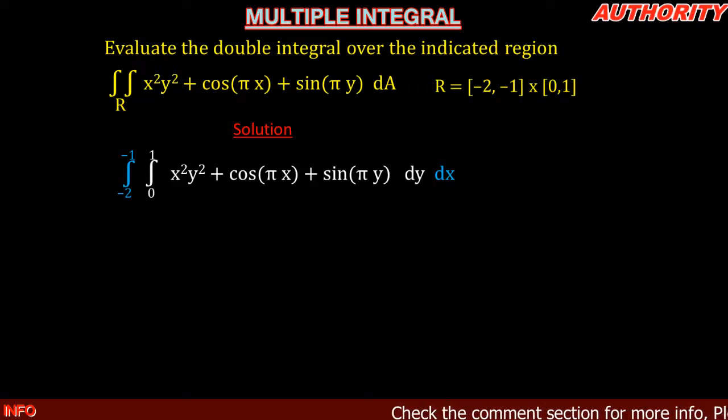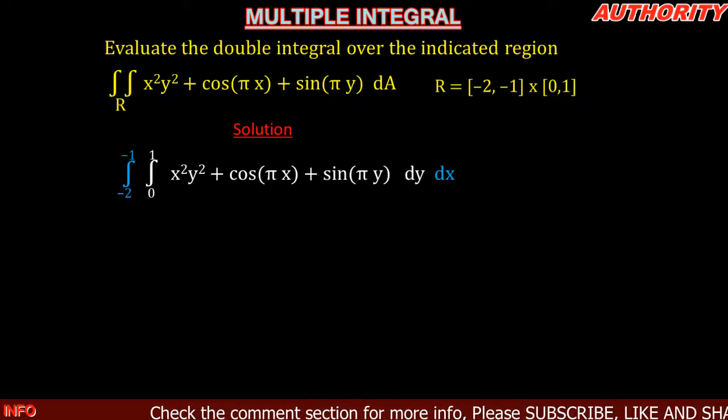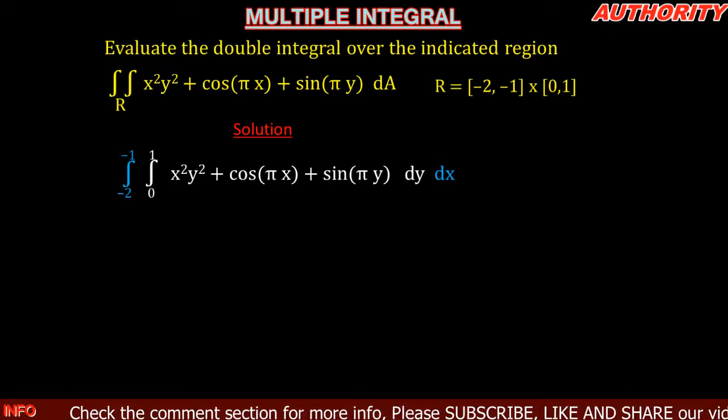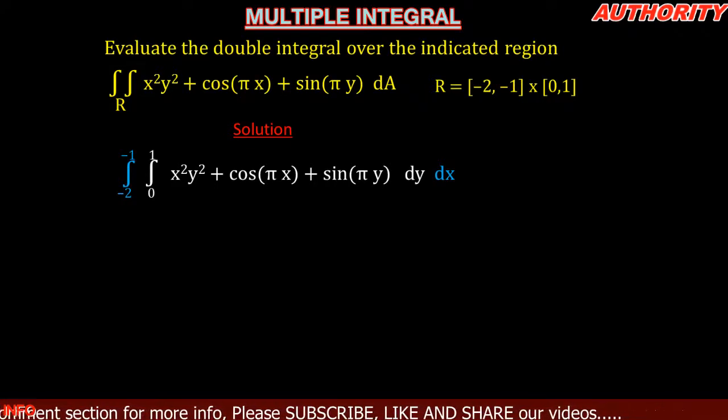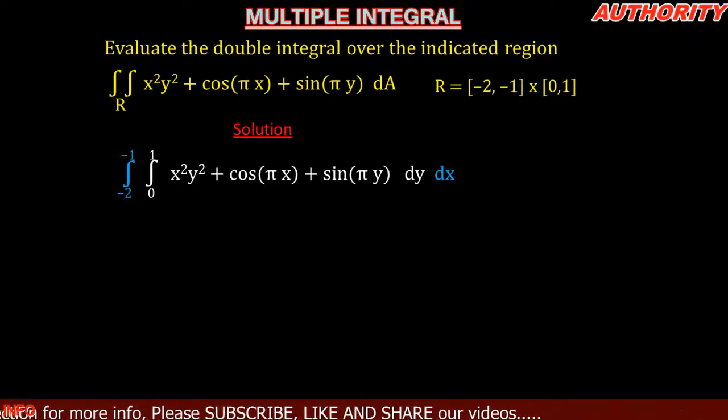So we started with the integral from -2 to -1 on x, and we end it with dx. Good. Now here we can see that we have the inner part of this integral and the outer part.